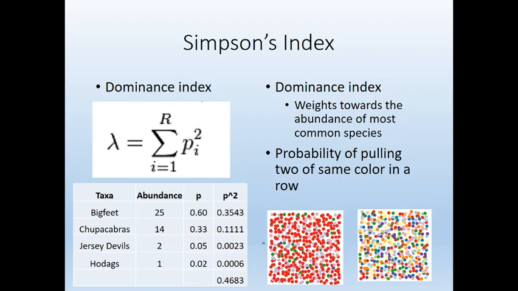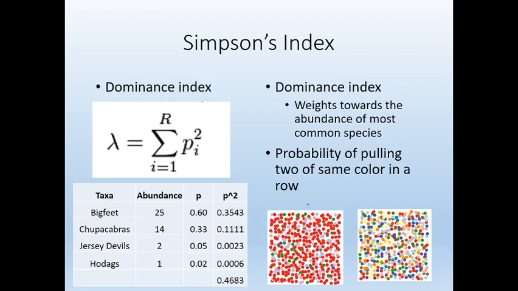If you have a jar of jelly beans full of all of these colors, what's the probability of pulling, most simply, a red and then another red? But it's not that simple. It's the probability of pulling a red and a red, or a green and a green, or basically all of these colors.